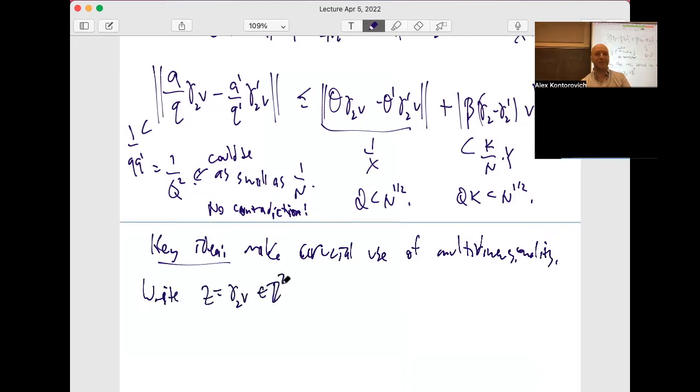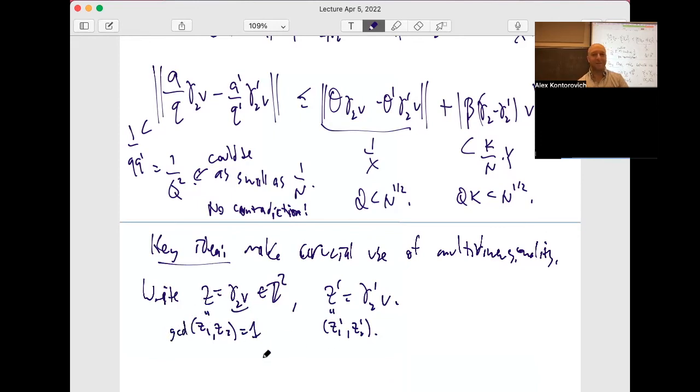This is in Z^2, and z prime is gamma prime applied to the vector. Let's write this as (z1, z2), and this as (z1 prime, z2 prime). These are not just any vectors, they're actually primitive vectors. Because gamma is in SL2(Z), these are actually coprime. So this GCD is equal to 1.